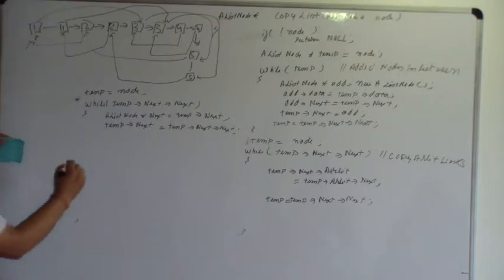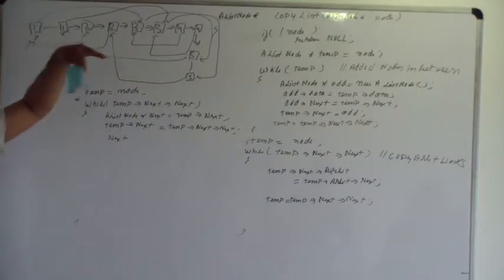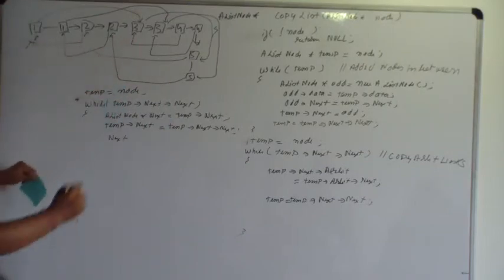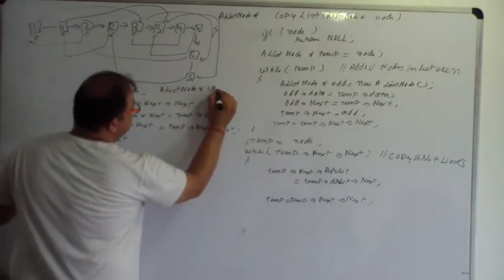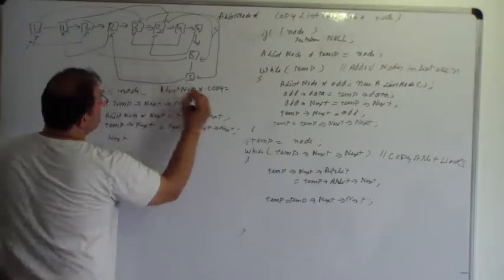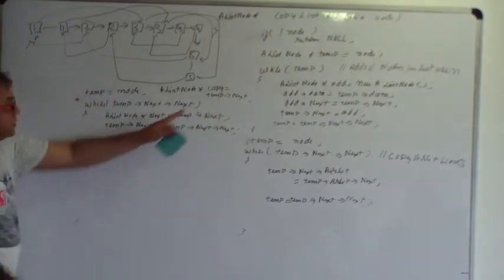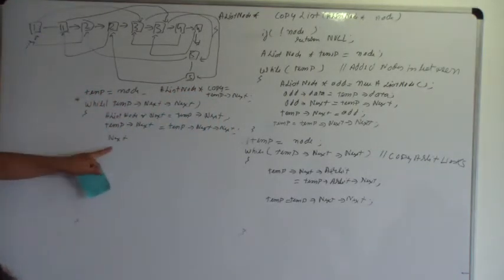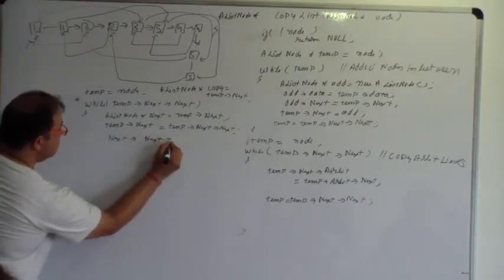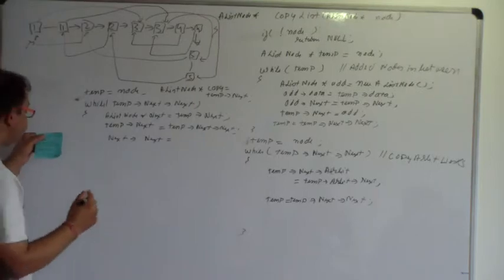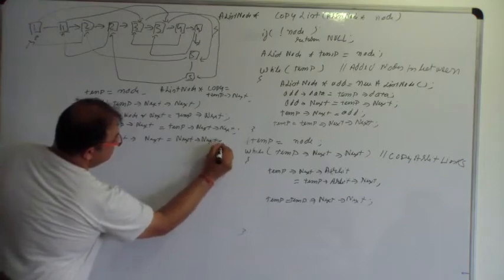And then we need the starting point of that node also, because now we have copied. So we'll say ListNode star copy is equal to temp arrow next. This is the node that we will return. And then we'll say next arrow next is equal to next arrow next arrow next.